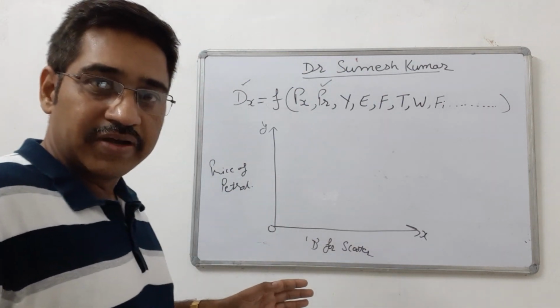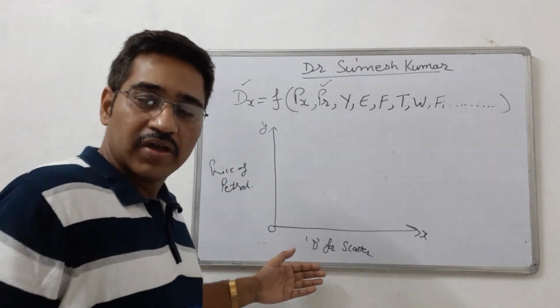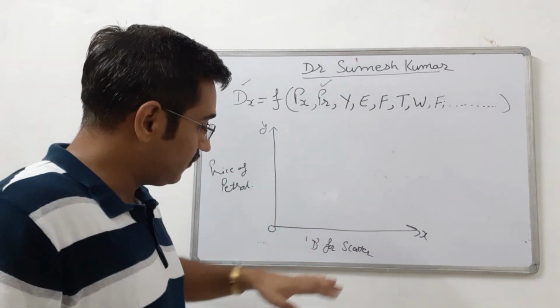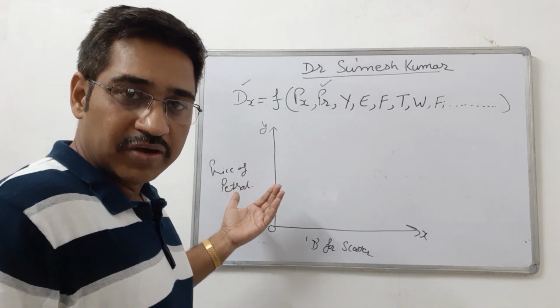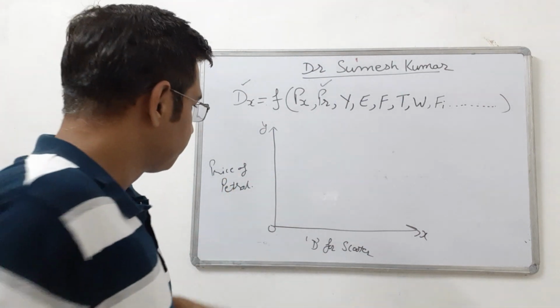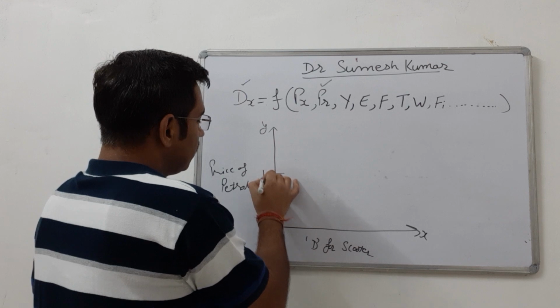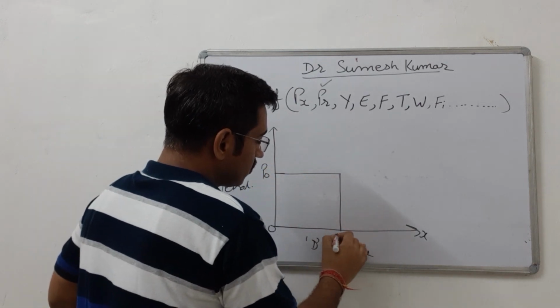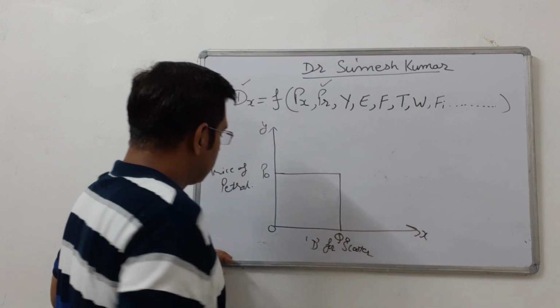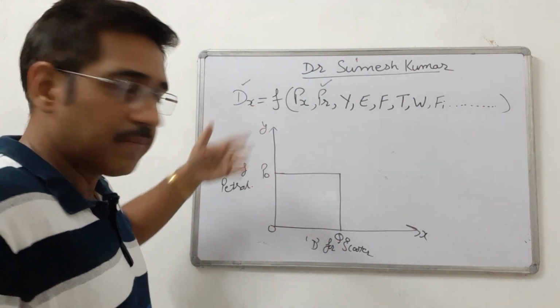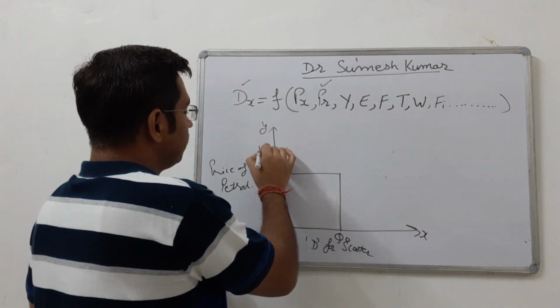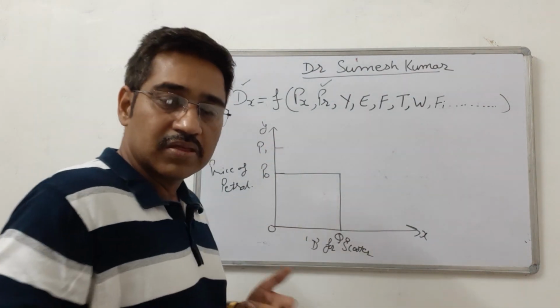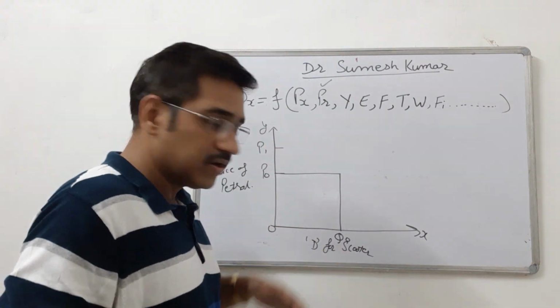Now both are complementary goods. If we have petrol but don't have a scooter, there is no use of that. And if we have a scooter but don't have petrol, again there is no use of that. So the initial situation is when price is OP0, demand for scooter is OQ0. Suppose price of petrol goes up from OP0 to OP1. Now what would be its effect on the demand for scooter?